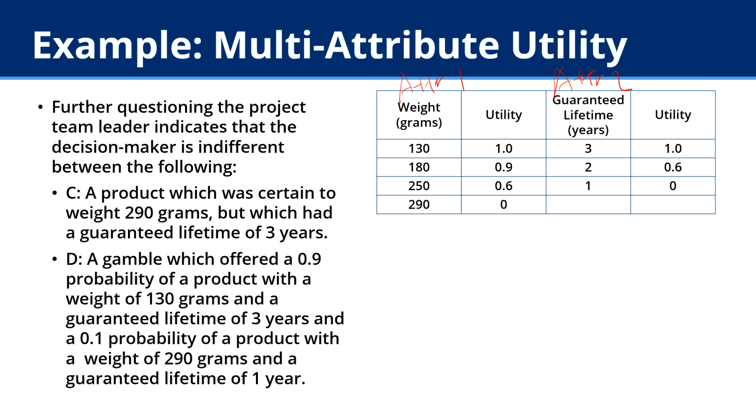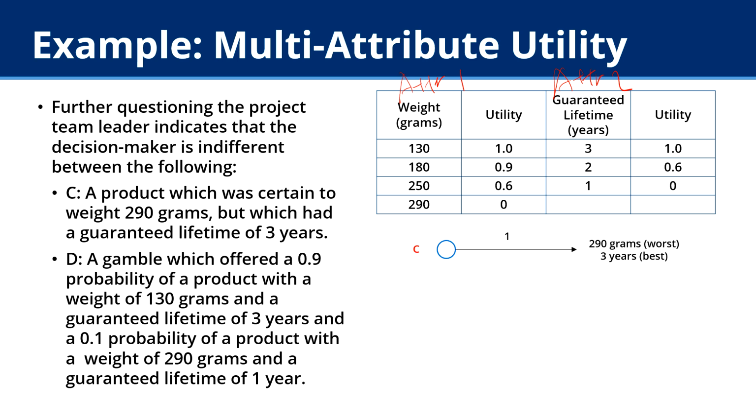Option D then is a gamble which offered a 90% probability of a product with a weight of 130 grams, which is now the best in terms of attribute 1, and a guaranteed life of 3 years, the best of attribute 2, and a 10% probability of a product with a weight of 290 grams, worst of attribute 1, and a guaranteed lifetime of 1 year, worst of attribute 2. So it's very similar to the last set of probability trees.